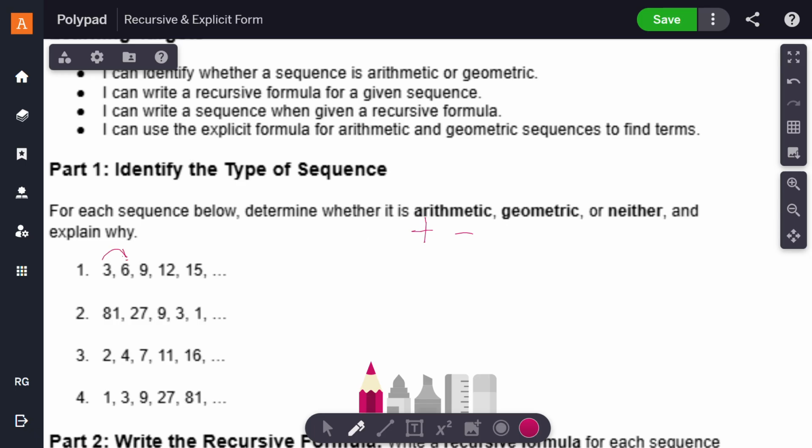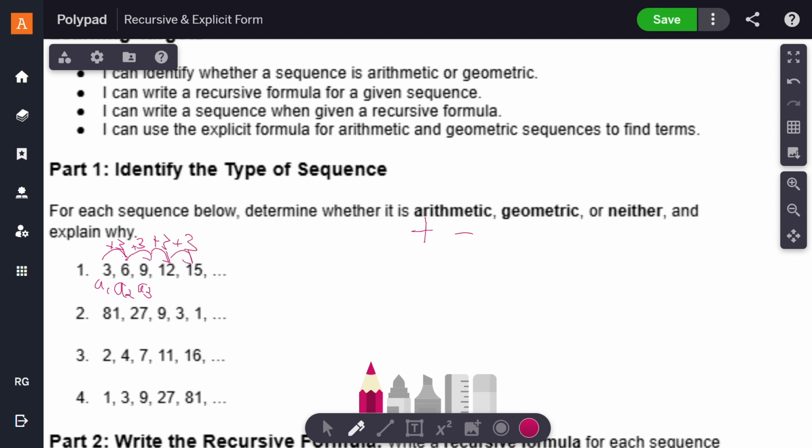For example, to go from the first term, which is A1, to the second term, A2, we are going to just add 3. Right, and then to go from A2 to the third term, A3, you add 3 again, and so forth, and so forth.